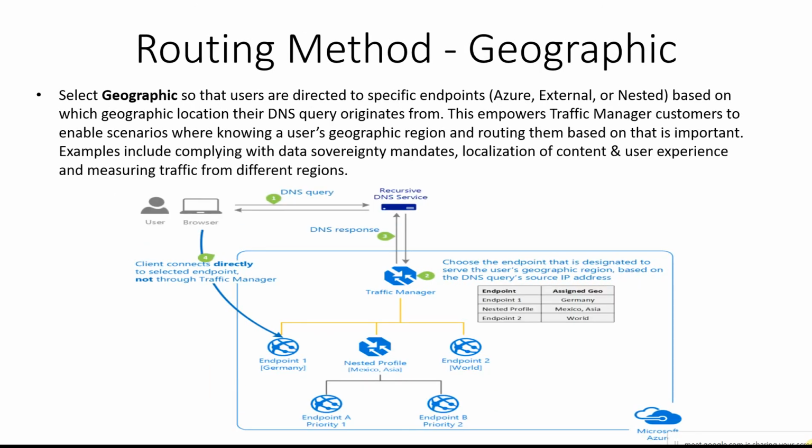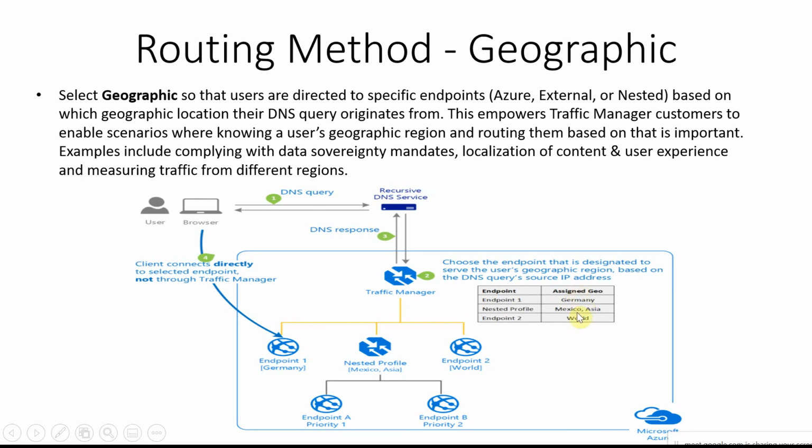And this option is geographic. Geographic is basically where the origin or user is. So based on the origin user, it will route the traffic. For example, let's say you configured Germany, Asia, and rest of the world.